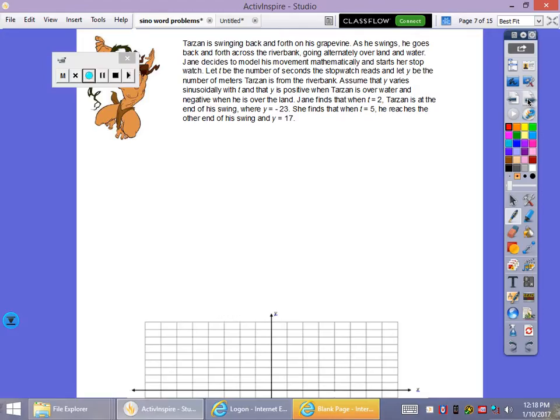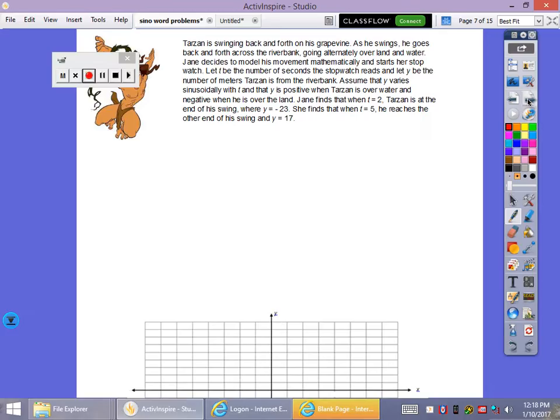Jane decides to model his movement mathematically and starts her stopwatch. Let t be the number of seconds the stopwatch reads, and let y be the number of meters Tarzan is from the riverbank. Assume that y varies sinusoidally with t and that y is positive when Tarzan is over water and negative when he's over land.